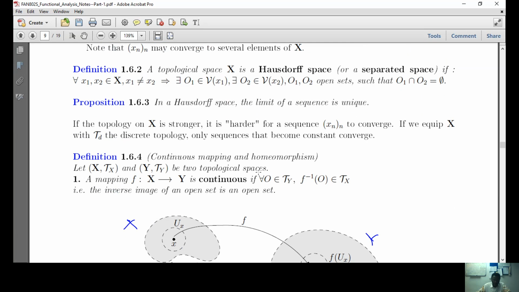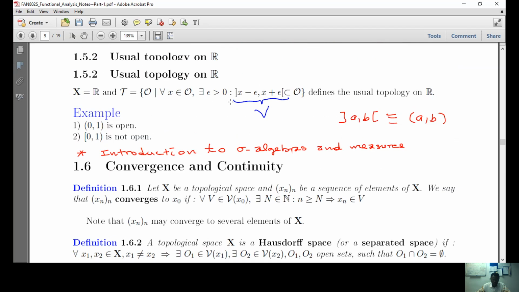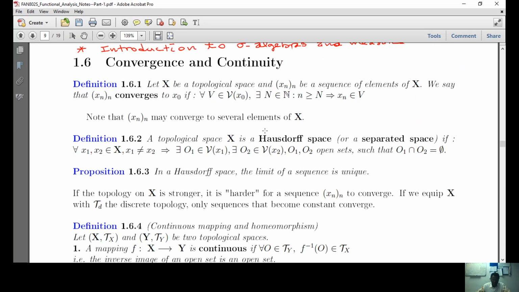Okay. We have other definitions here: definition of convergence, continuity. In terms of topological spaces, this is how we write convergence. It's not different from what you did in real analysis using intervals, right? So if you use this definition and apply it to the usual topology of R, it will give you exactly what you know.